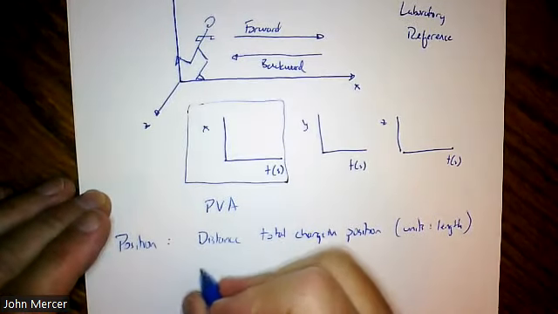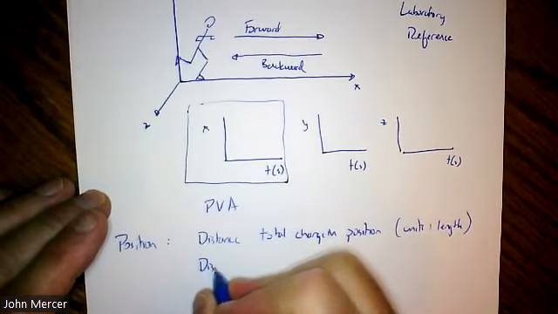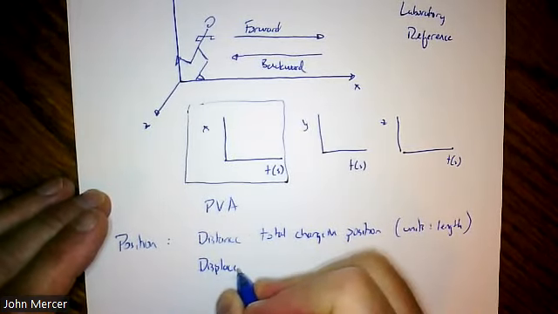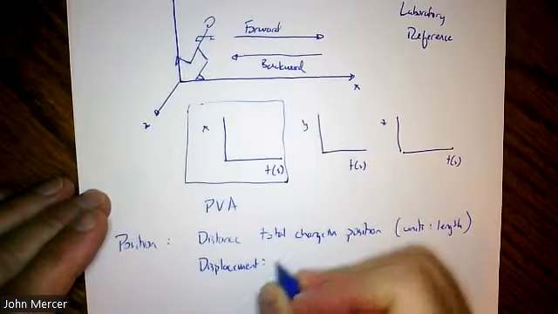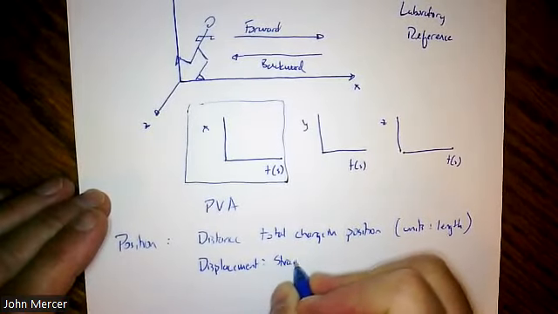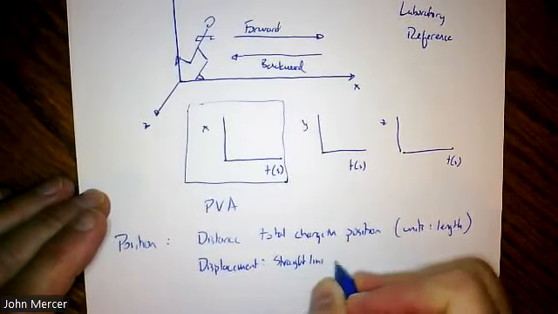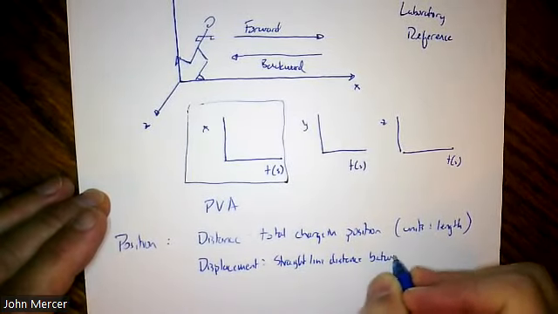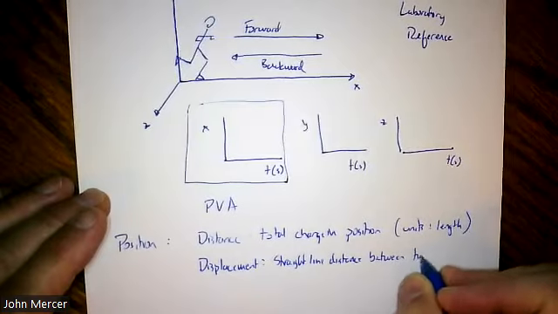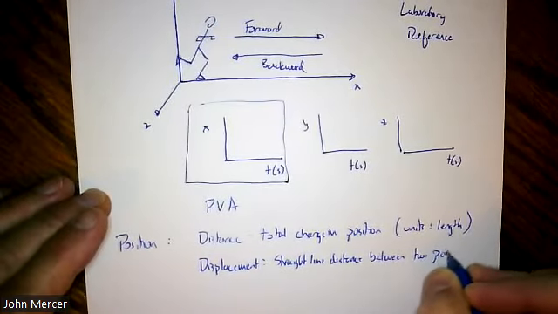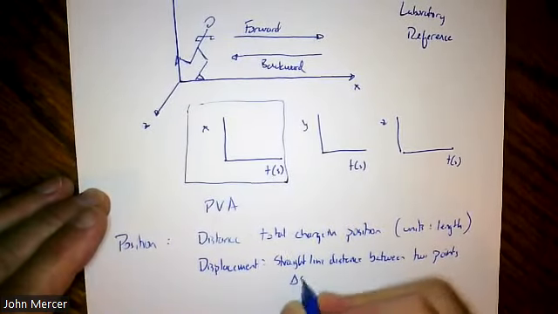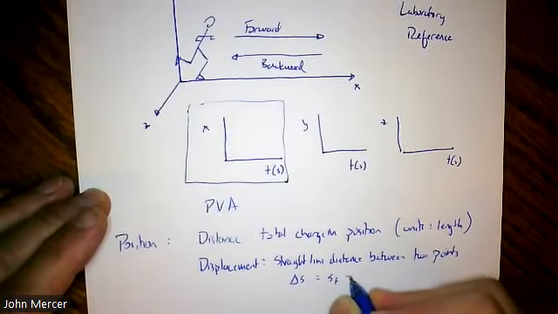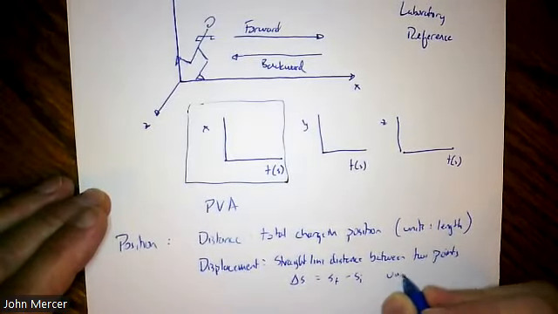The other position parameter we use is displacement, straight line distance between 2 points, between final and initial. And we use the equation delta S equals SF, final position, minus initial position.